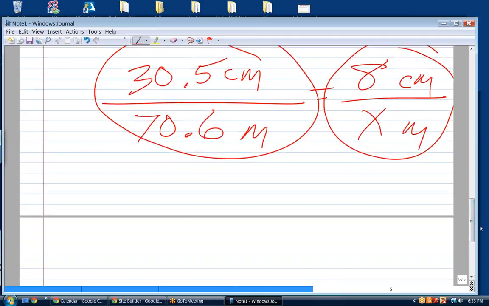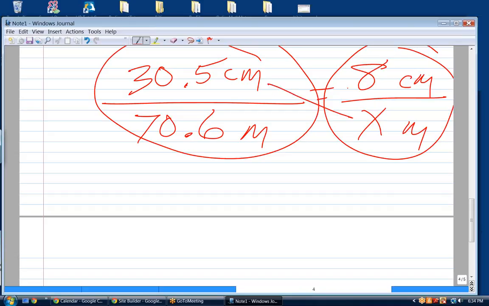So what's the first thing? You have to put the variables on one side and the non-variables on the other. When you have a fraction equals another fraction, always think cross-multiply as your first step.